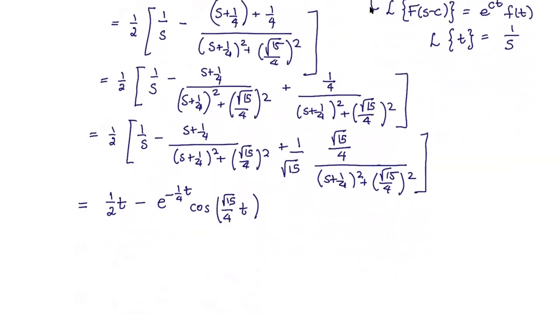And the same thing is going to hold true with the sine term. And so we get minus the square root of 1 over 15 e to the minus 1/4 t times the sine of the square root of 15 over 4 times t. And that is your solution.